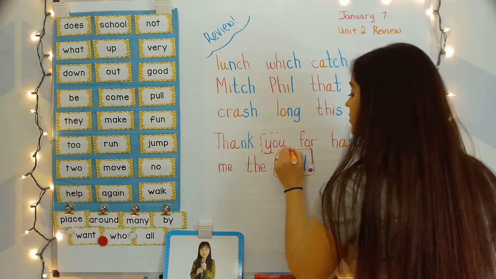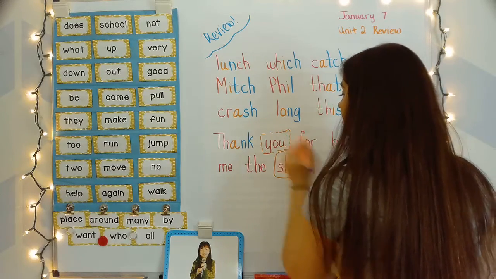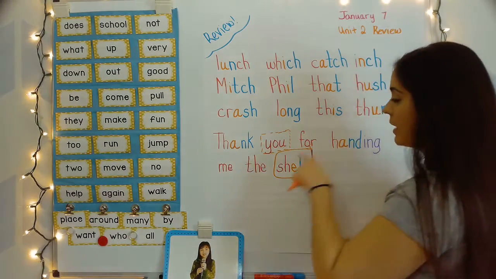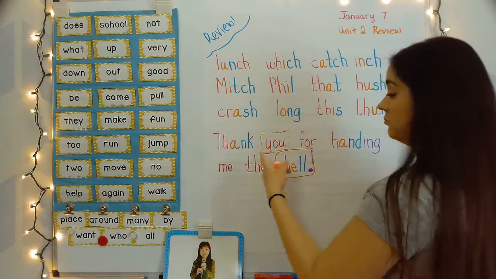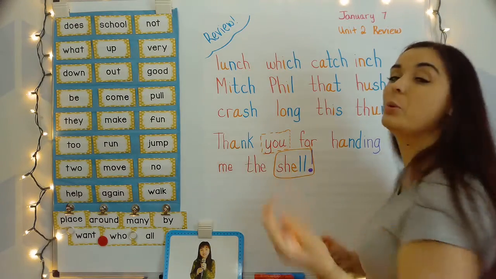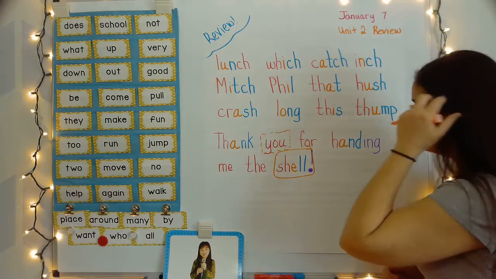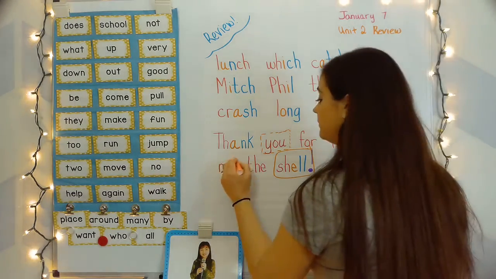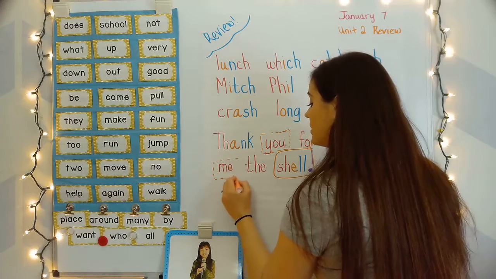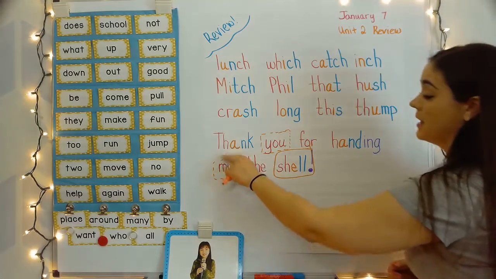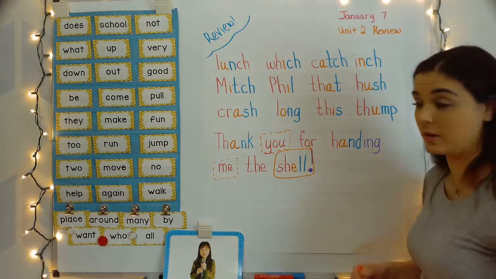So when I like to do pronouns, I put like a dotted line instead of a solid line. That just means that, depending on who you are thinking, you might say, thank you, Miss Porter, for handing me the shell. The word me is also a pronoun because we could say thank Miss Porter for handing Miss Porter the shell.